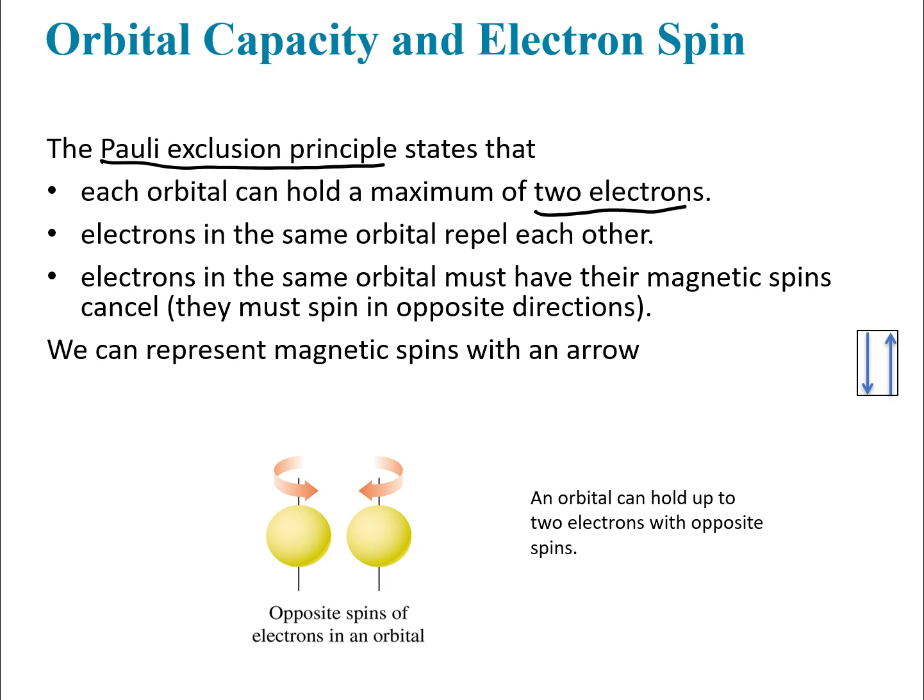So if you have multiple electrons trying to hold hands and move in the same direction, they're not going to like that. If it's the same charge, like negative and negative, they're going to repel each other. So if they're going to coexist in an orbital, they have to have opposite spins. And we represent that with an arrow. So an arrow going up and an arrow going down. That shows opposite spins.